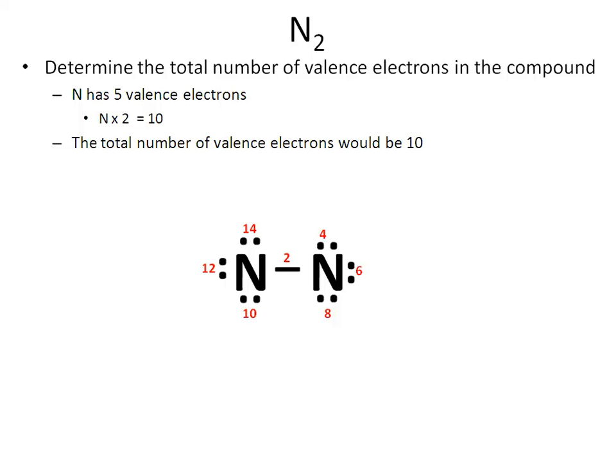We have 14 total. We only want 10. So that means we have to add 2 bonds somewhere. There's only one place to add the bonds. Every time you add a bond, you have to get rid of 2 sets of lone pairs, 1 from each element. So that's why all 4 of these dropped off, because I'm going to add 2 more bonds.